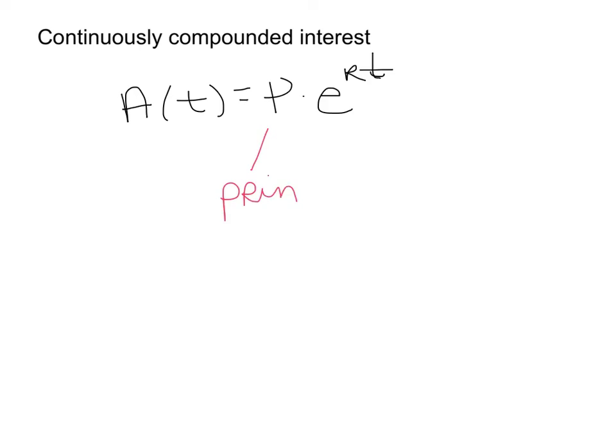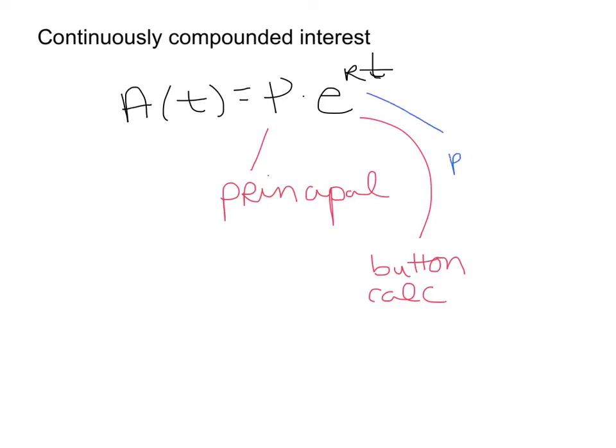Now we're going to look at exponential models that are using compounded continuous interest. The formula for continuous interest is A of t equals P times e to the rt power. P stands for your principal. e is the button on the calculator that we were just talking about. r represents the rate.